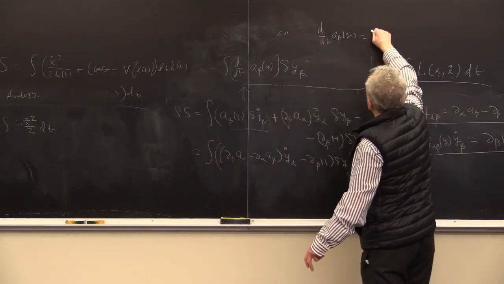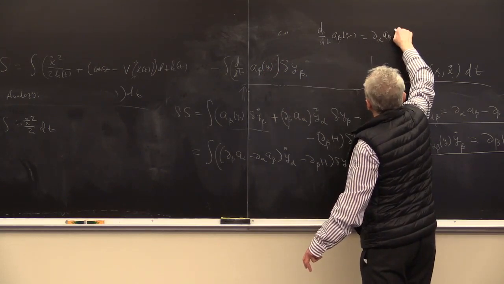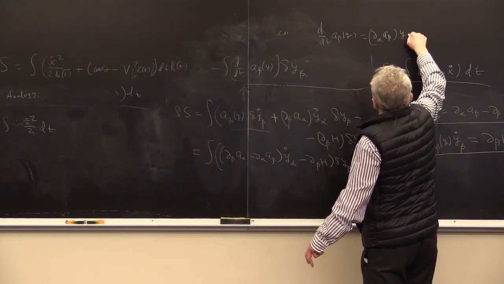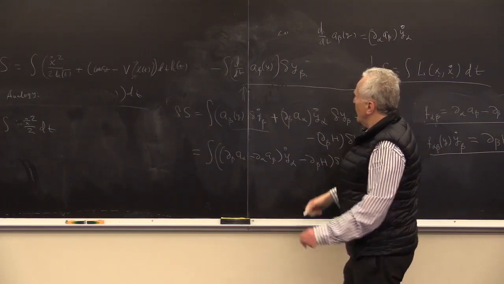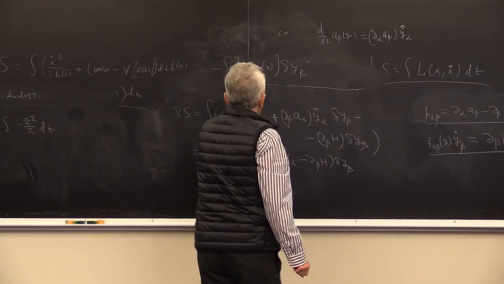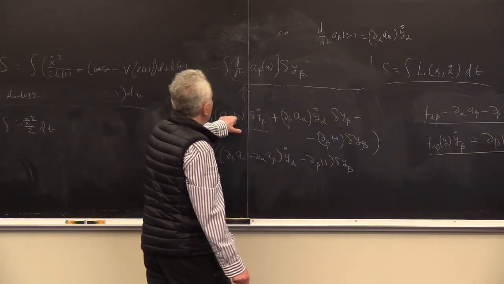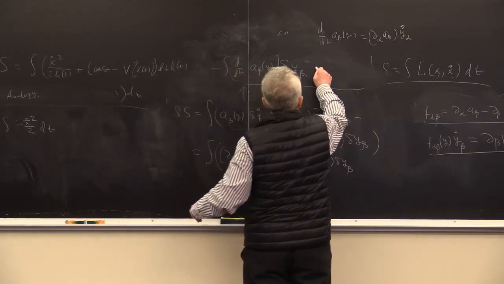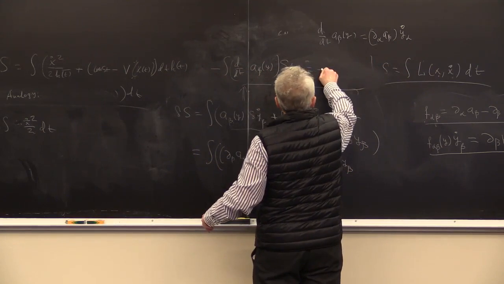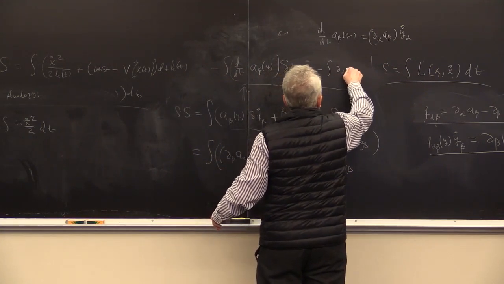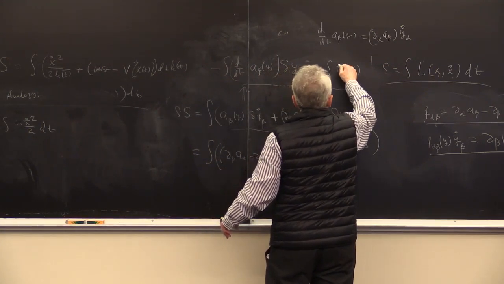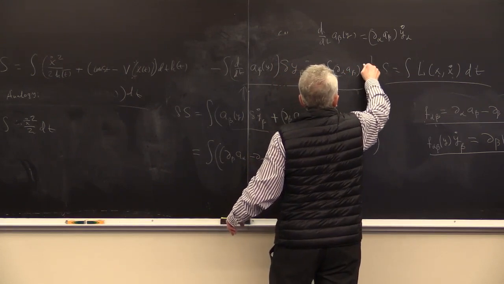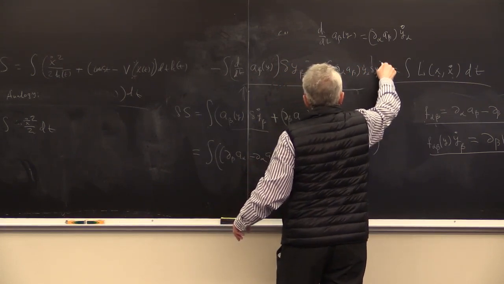That means that you have d alpha a beta y alpha dot. As a result, instead of this term, you get minus d alpha a beta y alpha dot delta y beta.